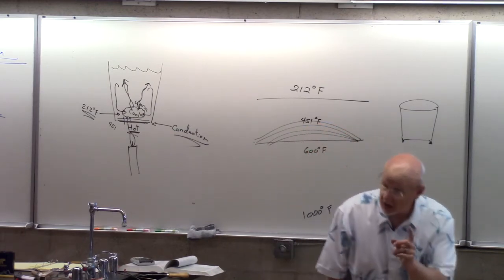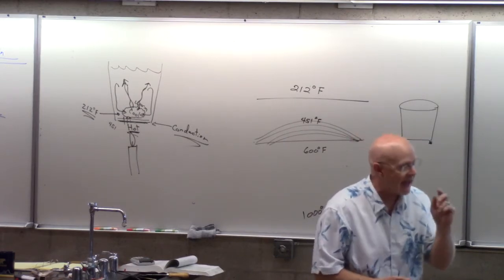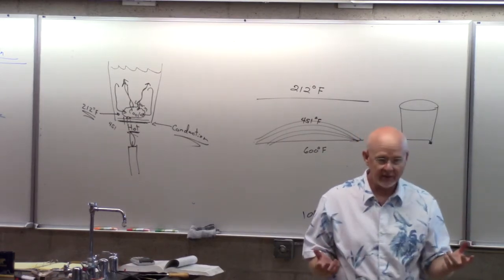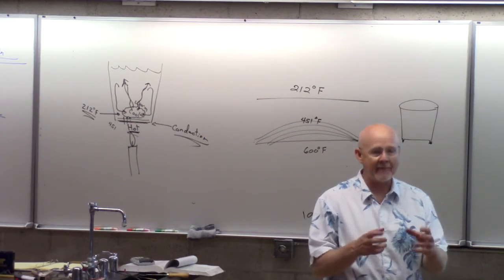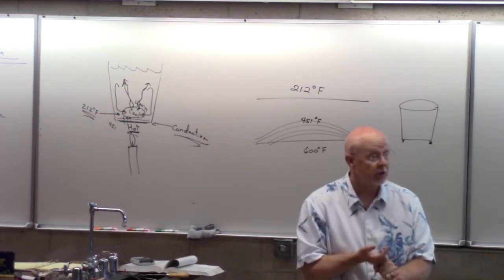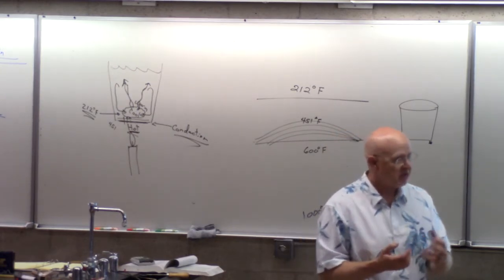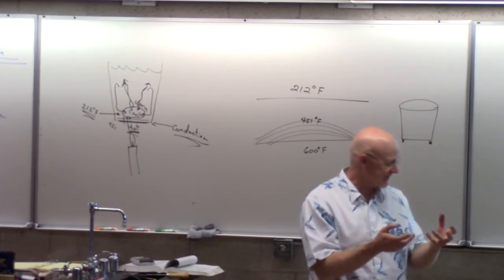I should point out conceptually here, did you notice that convection then can only happen with a fluid? Right? It can only happen then with a liquid or a gas. You cannot get convection with a solid because the atoms have to actually move.